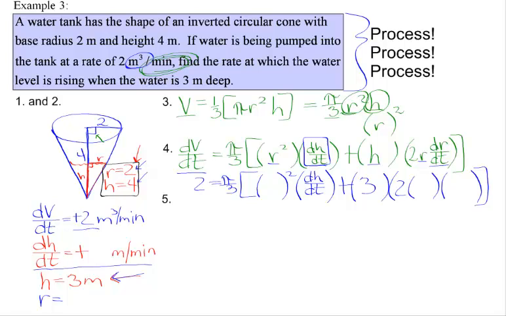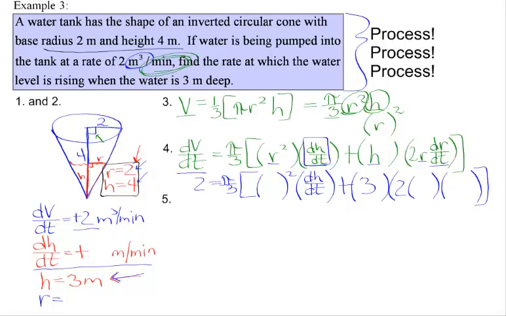If they give you information in the stem of a problem and you did not use that information to answer your question, you have found the wrong answer. The process here is to use all of the information that they gave you in order to answer this question. And the relationship that when r is 2, h is 4 is extremely important to us.